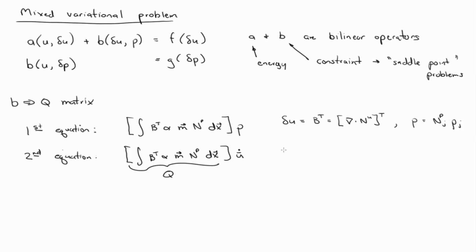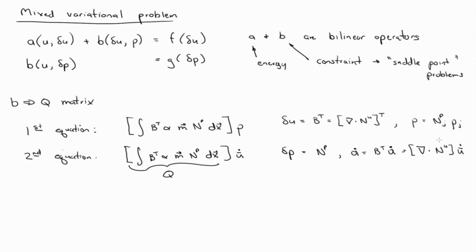And then in the second equation, the del P would be N_P and then U dot would be B transpose U dot, which again is equal to the gradient of N_U dot.